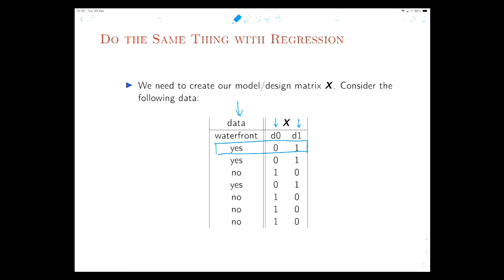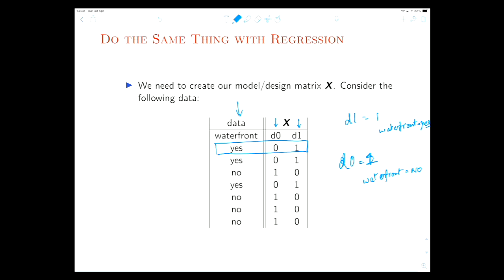So the way we define these 2 variables is that D1 is equal to 1 whenever we have a waterfront property, and whenever we do not have a waterfront property, then we set D0 to 1. One thing you'll notice is that D0 and D1 will never both take on the same value.